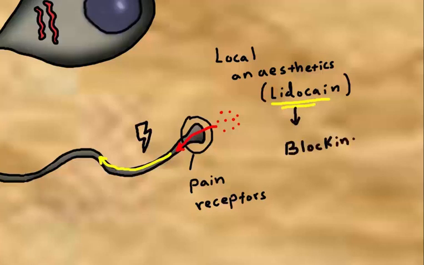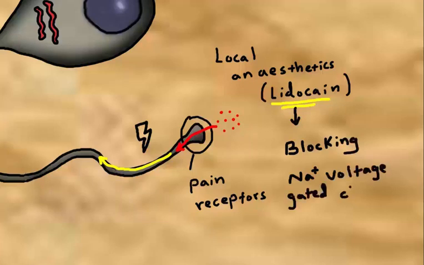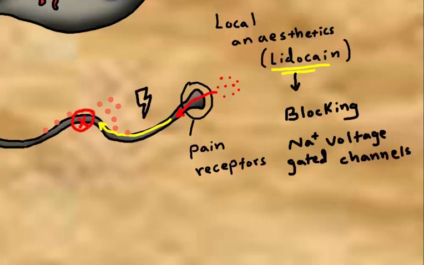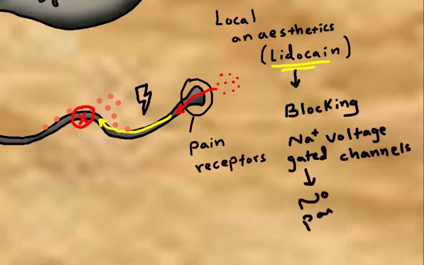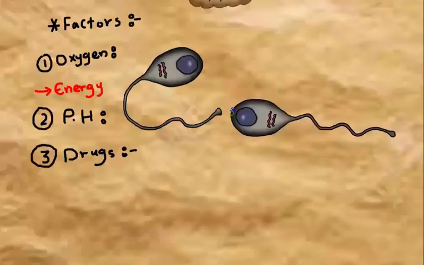Local anesthetics work by blocking sodium voltage-gated channels, and by blocking sodium voltage-gated channels there will be no propagation of impulses, and when the signals are not propagated through the neurons, they will not reach the brain, so there will be no feeling of pain.